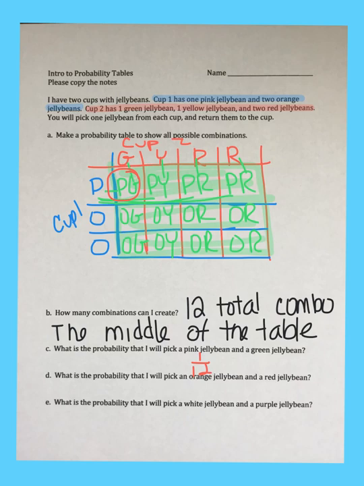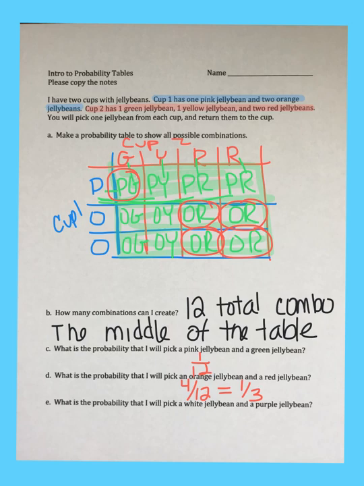The probability of orange and red, there's a lot more orange and red. So I see 1 here. Those are orange and green, orange and yellows. So I have 4 out of 12 that are orange and red. And that simplifies down to 1/3. So I have a 1/3 chance of picking an orange and red jelly bean.